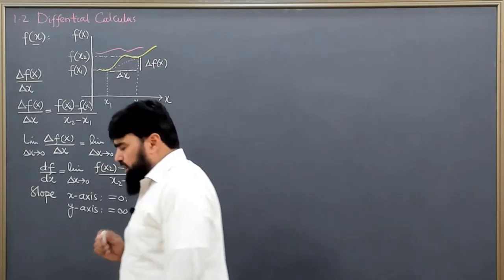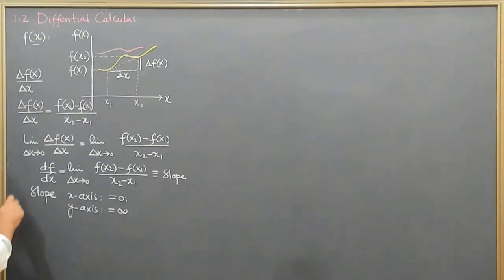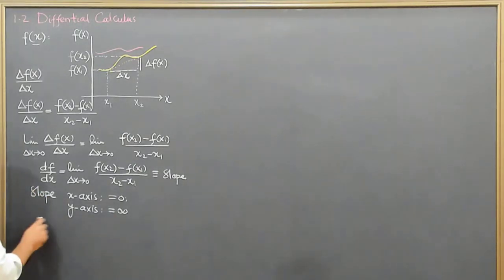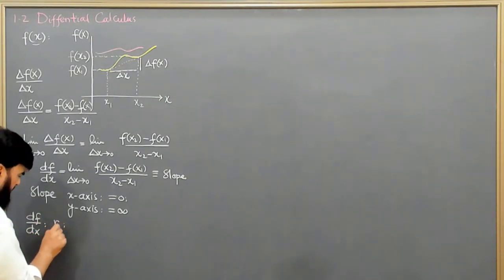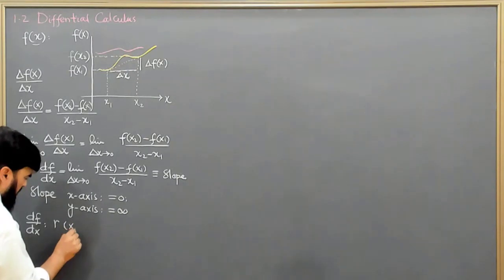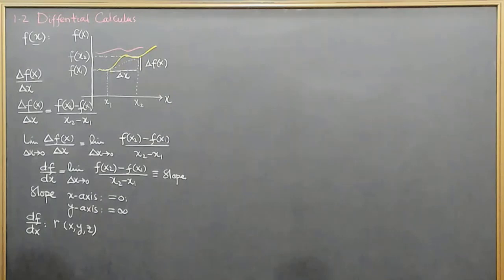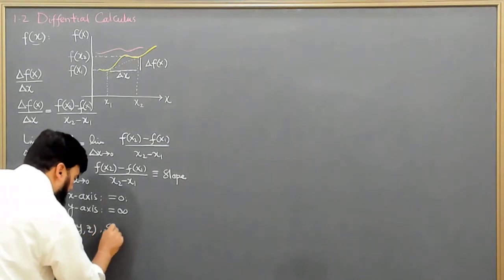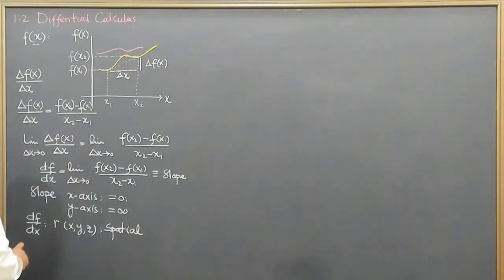Derivatives are actually very important. We call them spatial derivatives when we consider things like df over dx, df over dy or df over dz. These are space variables, composed of x, y, and z. We call these the space coordinates, and this is a spatial derivative.